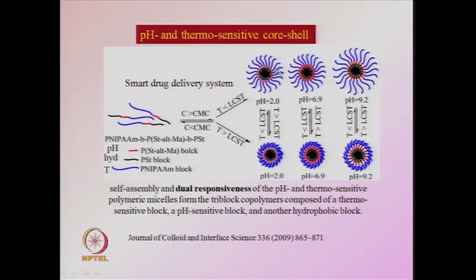Now, you can see in the self assembled structures, the black ones are inside, and then the red ones have formed a middle layer, and then the blue ones are on the outside.